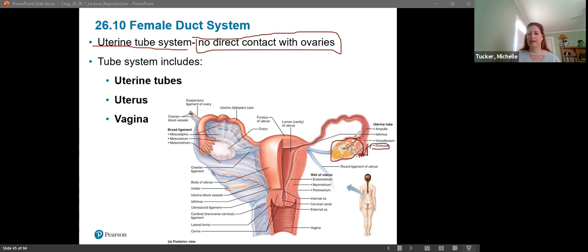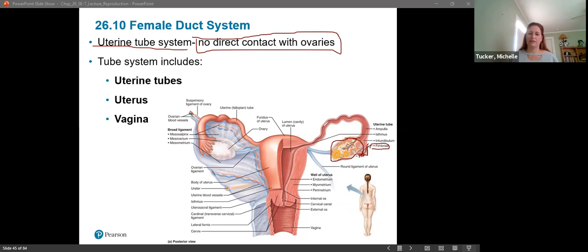They act as a catcher's mitt to catch the ovulated oocyte. As I mentioned, they'll surround the ovary, and then they've got ciliated cells that will sweep and create a current of fluid flow to move the oocyte along.